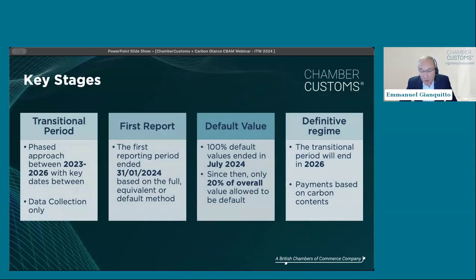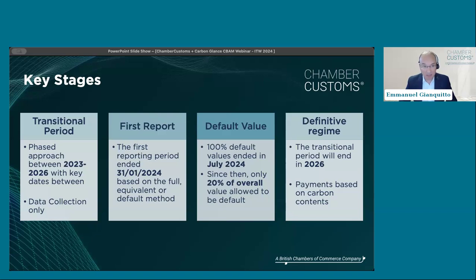Now, because this is a brand new scheme, it's been introduced in stages. So we have a phased approach from 2023 when it started to 2026 when the transitional period will end. During this transitional period, all the EU is doing is collecting data. In short, no European importer is paying any money.